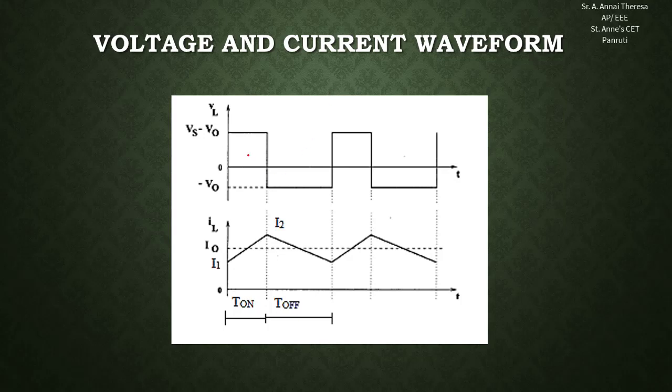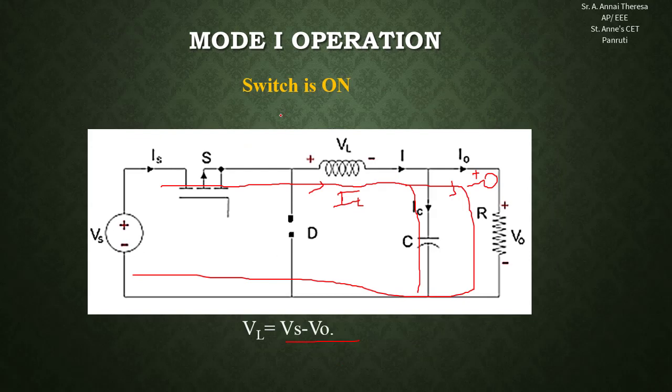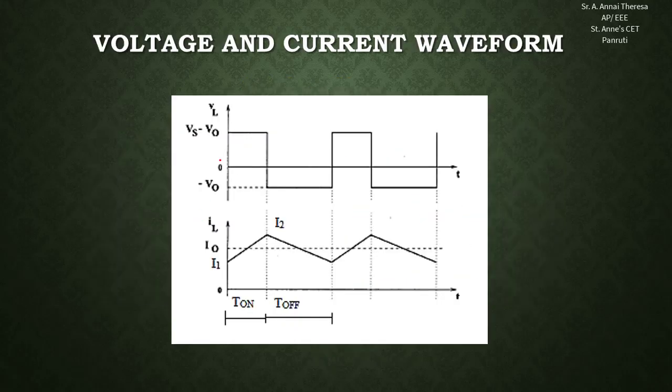This is the voltage across the inductor. In the first mode, when the switch is on, what will be the voltage across this inductor? Vs minus V0. When the switch is off, in this duration, the voltage across the inductor is minus V0.